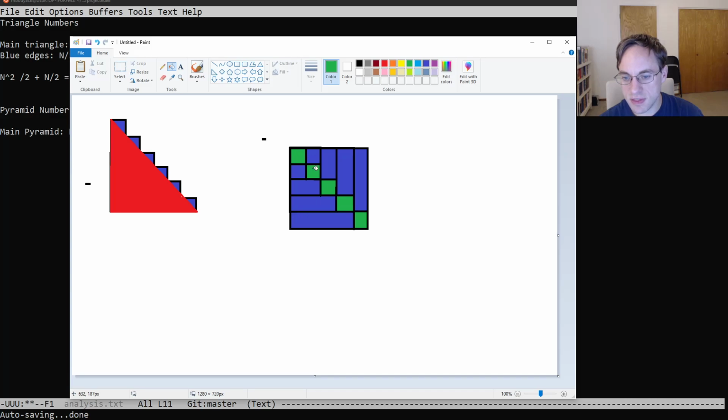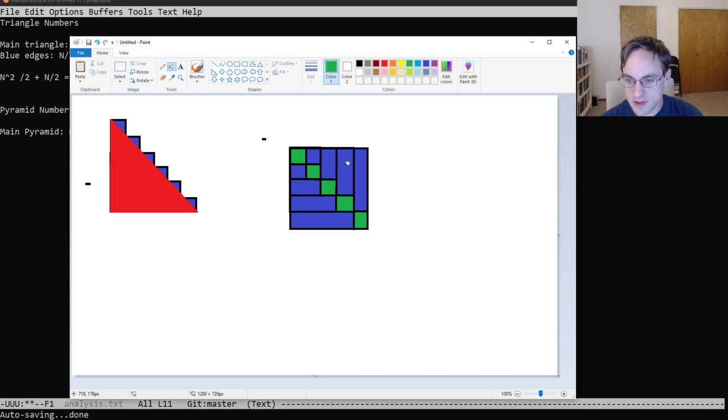And you can see that this is mirrored. So you've got 1, 2, 3, 4 here, and 1, 2, 3, 4 there. So we can just find the area of 1/2 of this here, and that's going to give us the volume of those blue edges.